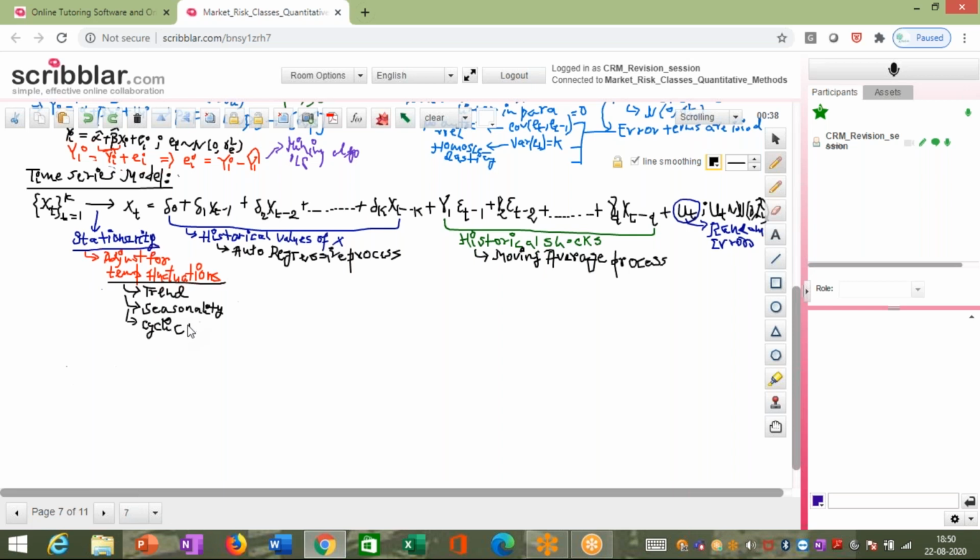That is, if you're using 10, 15, or 20 years of data, then you can see an element of cyclicality in it. Otherwise, if you're using short-term data, let's say 2 to 3 years of daily or monthly data, cyclicality will not be seen because it's a long-term factor.